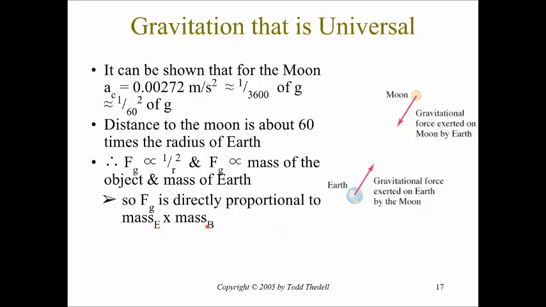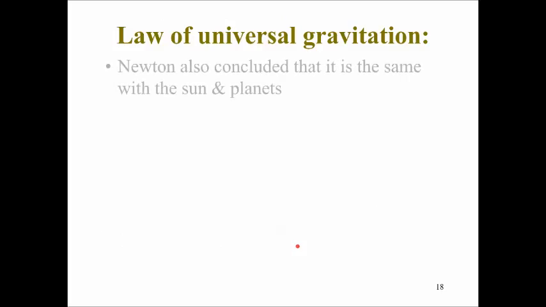I think that I was supposed to type in an M there. I don't know why that says B. Just ignore that for now. And the force is also inversely related to the square of the radius. So he came up with the conclusion that it's the same with the sun and the planets.